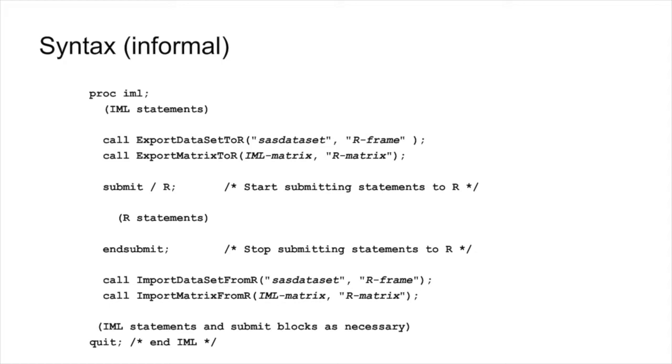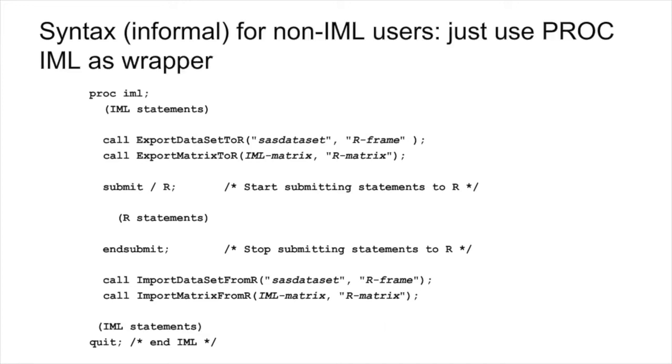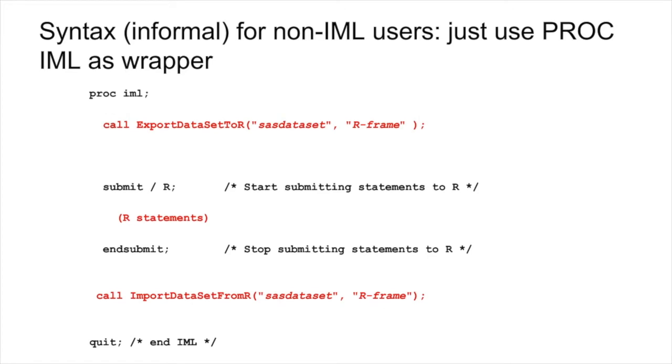Now, since most of us are not IML users, let's strip this down and cross off all the things that are for IML users. You can see that we've done that. Now, we're left with something much simpler and easier for the rest of us. All we're doing now is we have a PROC IML and a quit statement to bookend.